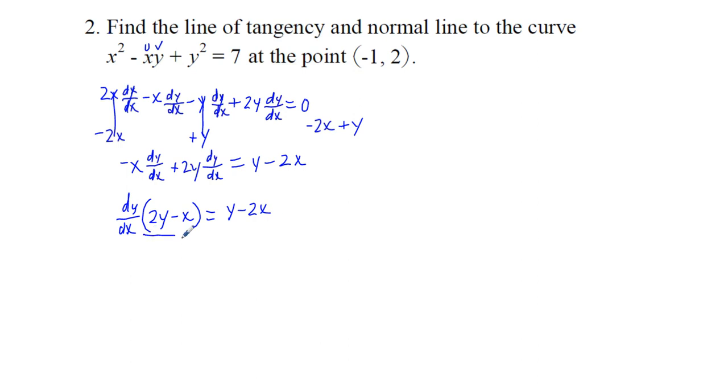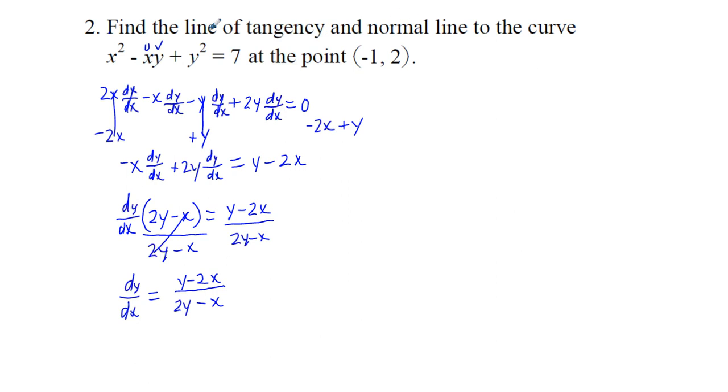And now finally solving, if we divide both sides of the equation by 2y minus x, those cancel, so we have dy/dx is equal to y minus 2x over 2y minus x. So anyway, that's what we have. That is our dy/dx.